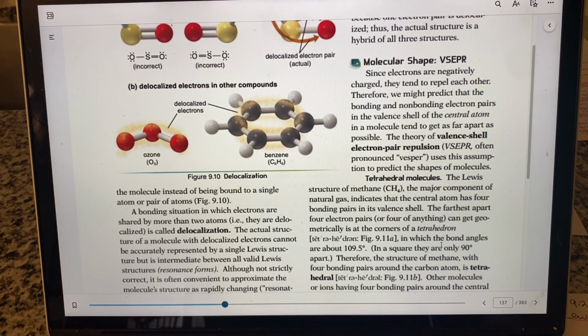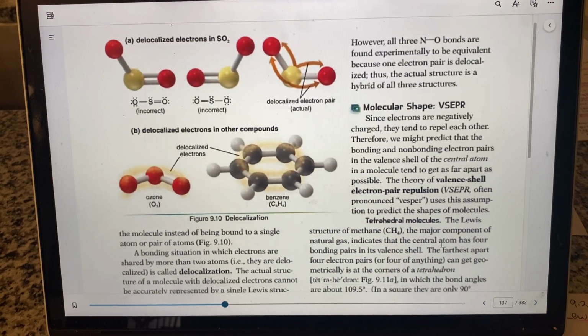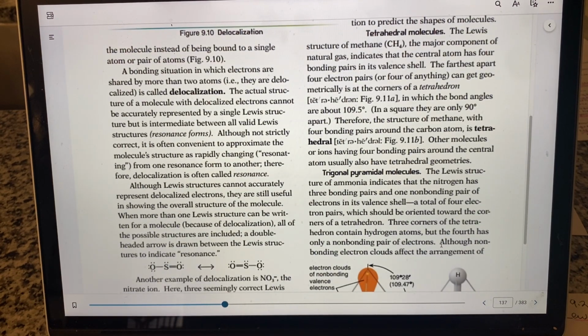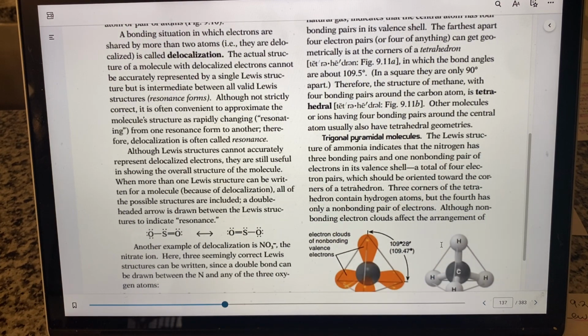Okay, another thing, is it written down here somewhere? Let's see. This arrow. Whenever you have an arrow like that, it's called a resonance form, and it just means it's in between all of those. So it could be any of those forms.